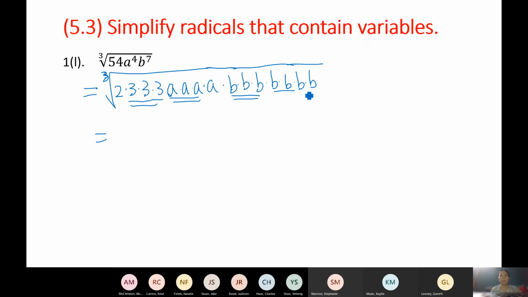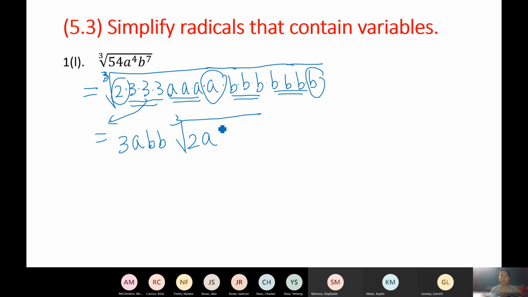So we're going to divide into groups of 3. So these 3 3s come out, you get a single 3. These 3 A's, you get a single A. These 3 B's, you get a B. And these 3 B's, you get a B. And now just write down whatever is left. There's a 2, there's an A, 2, these single copies or 2 copies, and you keep them. And B times B, of course, is B squared.